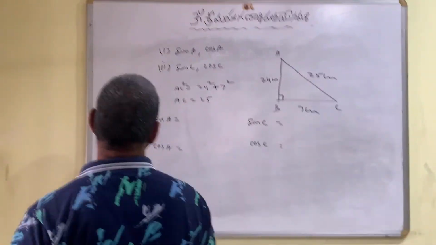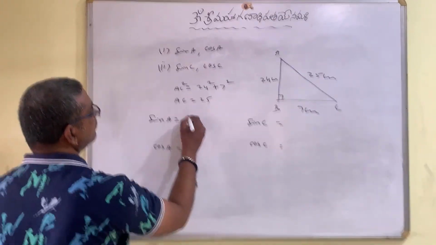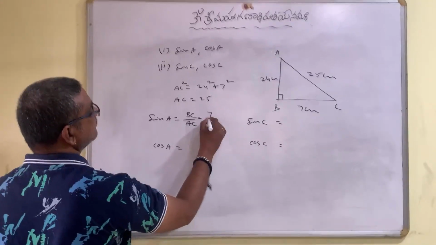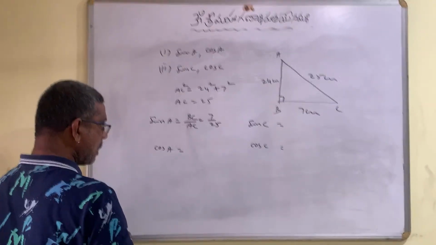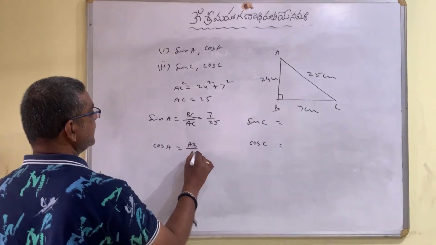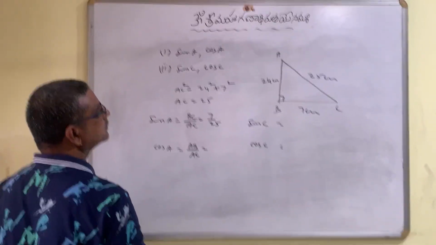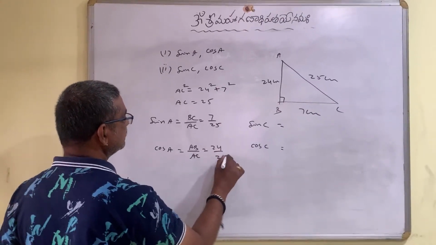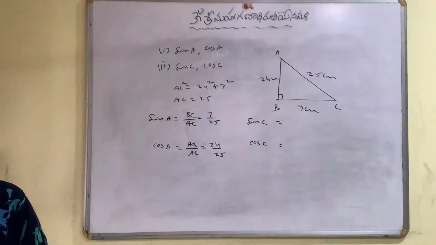First sin A, BC by AC, 7 by 25. Cos A, AB by AC, 24 by 25. We cannot simplify those.